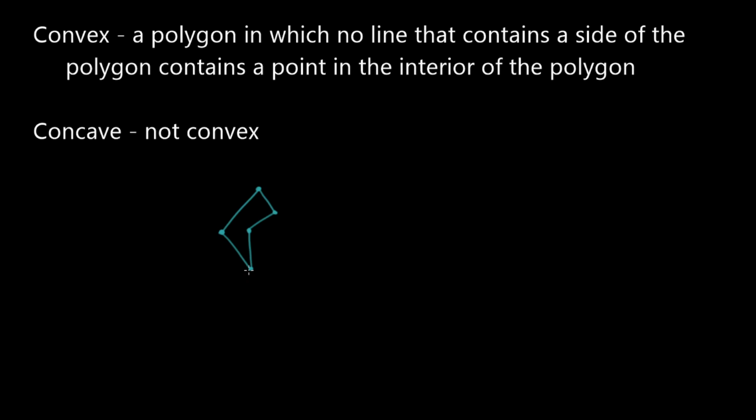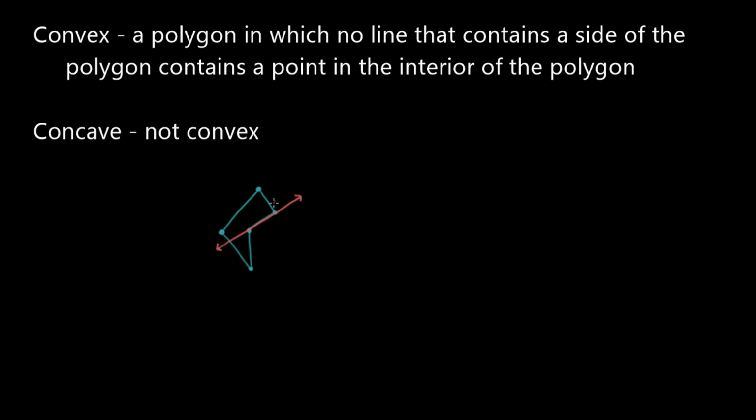Concave is kind of, they bend in on themselves like this. So if we look at this definition, then for convex, it's a polygon in which no line that contains a side of the polygon contains a point in the interior of the polygon. What it means by that is any segment, so that's a side of my polygon, the line that contains it, because they're just a portion of the line, cannot also contain points that are on the inside of the polygon.